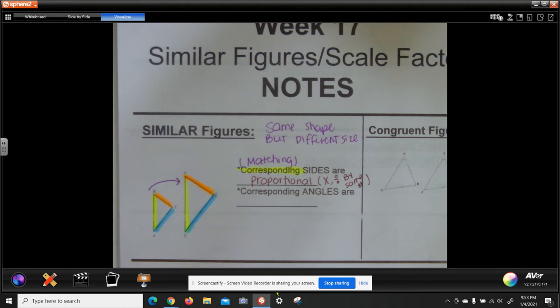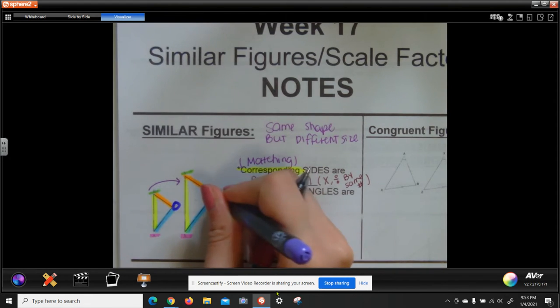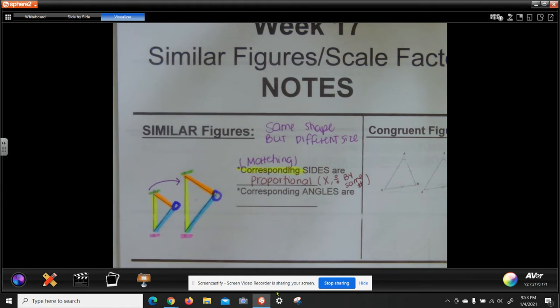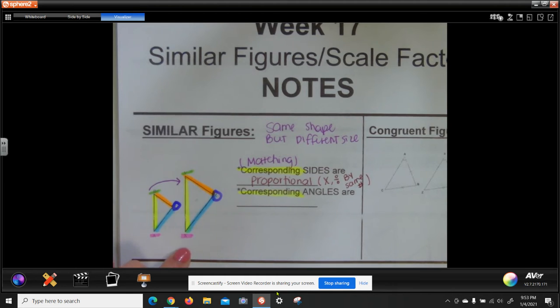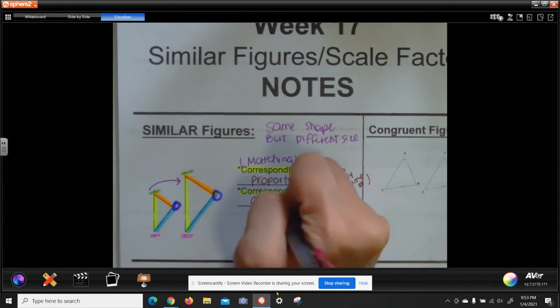Now, corresponding angles, we're going to match the corresponding angles. For instance, angle A corresponds to angle X. They're in the same position. Angle B corresponds to angle Y, and angle C corresponds to angle Z. Corresponding angles, the angles that match, A with X, B with Y, C with Z, are going to be congruent.